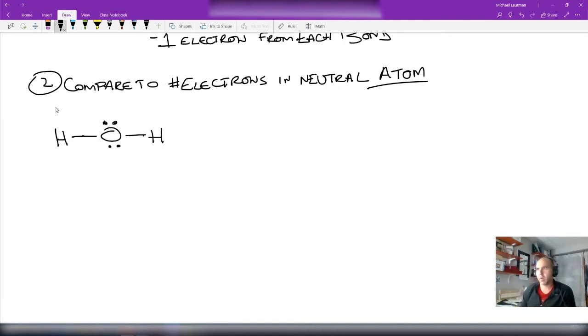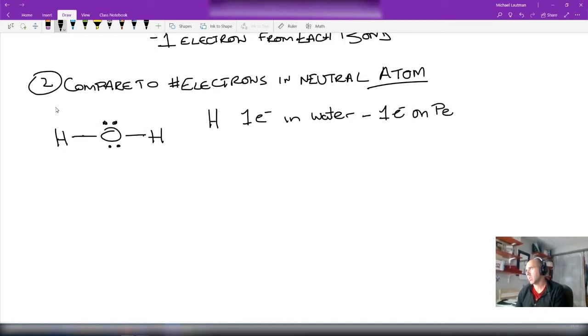So I compare. My hydrogen here has one electron in water, and from that I'm going to just subtract one electron on the periodic table. So that's 0. So the hydrogen has a formal charge of 0, and this one's the same.